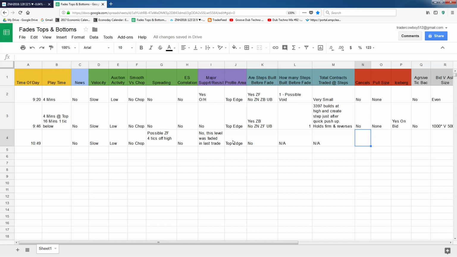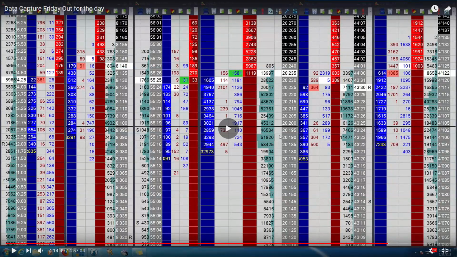Let's see if there's some, I don't think there's cancels, but we'll take a look here. 10:49. This is where it's going to break down, right?